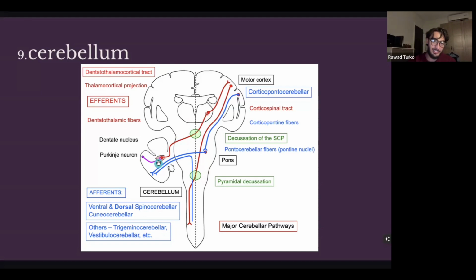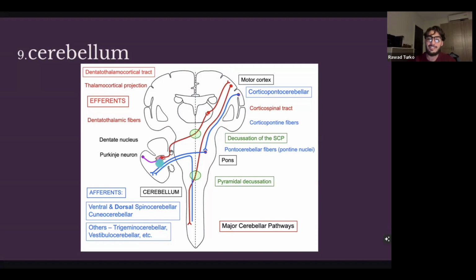But here, it's decussating, and then it's going to the contralateral motor cortex. And if we said that the dentate nucleus controls fine motor planning, and it goes to the contralateral motor cortex, and the motor cortex supplies the contralateral side of the body, that means that basically the fibers that are going to come down from the motor cortex to the spinal cord to supply the specific muscles are going to be ipsilateral to the cerebellar hemisphere.